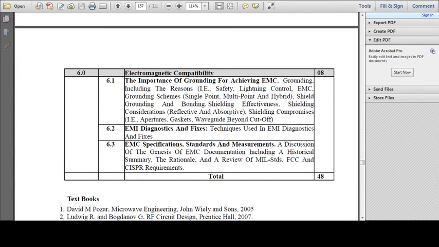Then electromagnetic interference diagnosis and fixes, and the techniques used in electromagnetic interference diagnostics and fixes. Then electromagnetic compatibility specifications, standards and measurement, a discussion of the genesis of electromagnetic compatibility documentation, including a historical summary and rationale and review of MIL standards, FCC and CISPR requirements. In module 6 the total number of lectures allocated is 8.